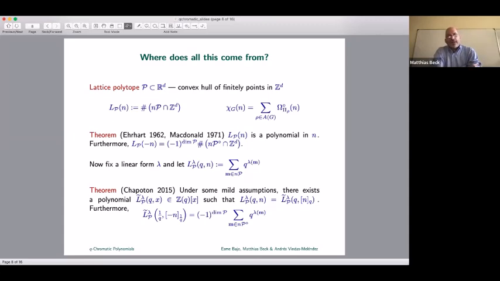You need some mild assumptions on the polytope, but if those are met, then again you have this polynomial structure in one variable, in exactly the same way as what you saw earlier. You have to plug in a q integer, and then the coefficients are rational functions in q.